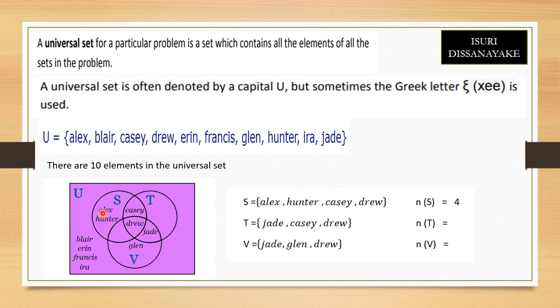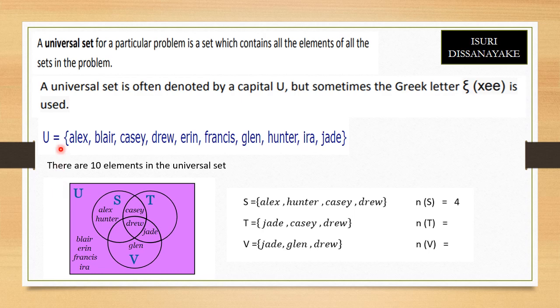So we input all the information into the subsets S, T and V. And if you exclude these names from the universal set, if you exclude Alex, Hunter, Casey, Dave, Jade and Glenn, you can see Blair, Erin, Francis and Ira are not included in any of the subsets S, T and V. So we have to write those names outside these 3 sets, but within the universal set.